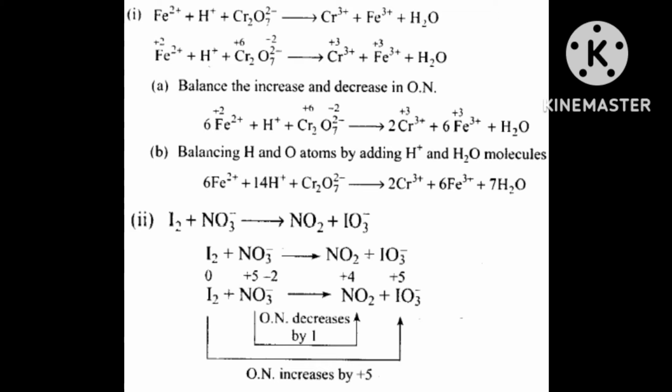Now there are three conditions in which the reaction may take place in water: first, neutral; second, in the presence of acid; and third, in the presence of base, means alkali. Step 4 is related to that.